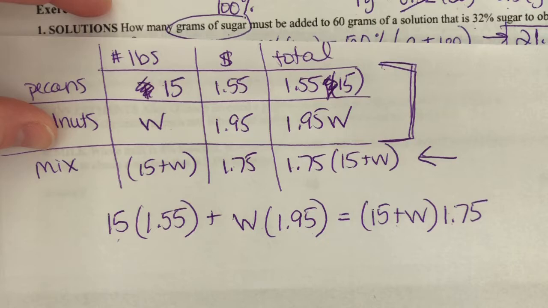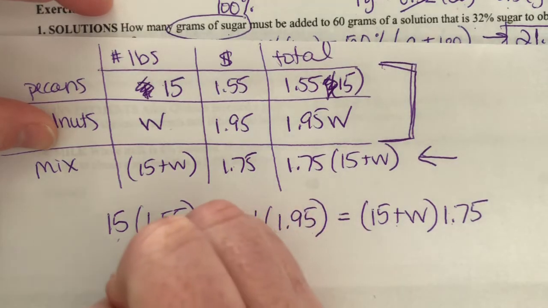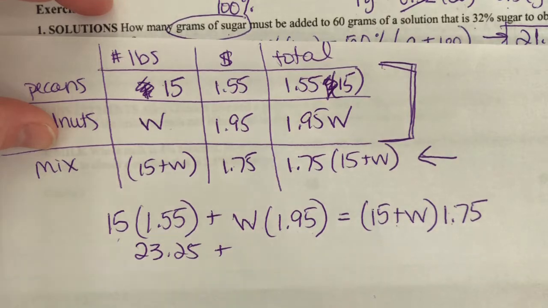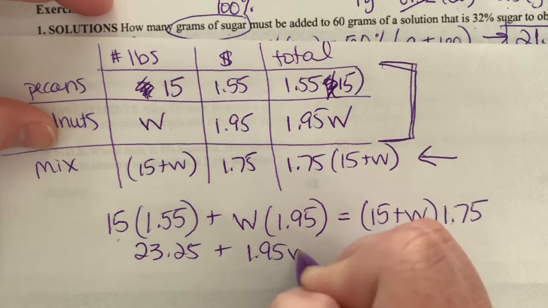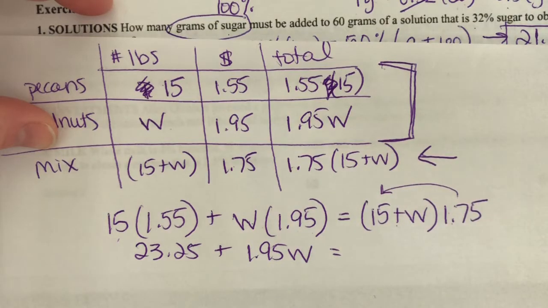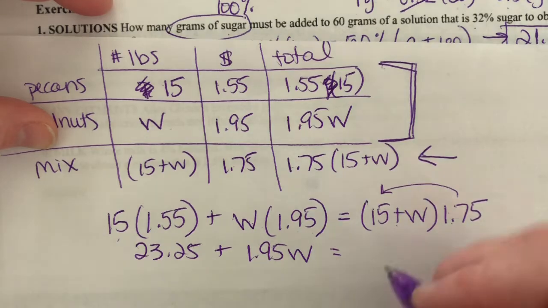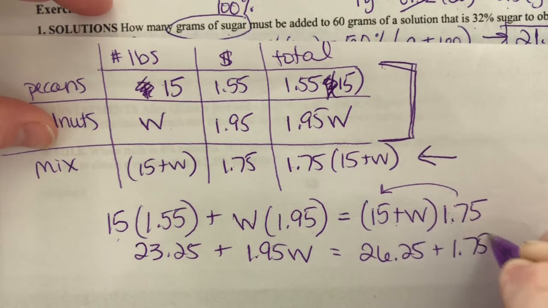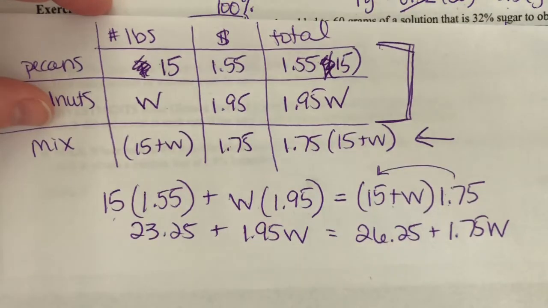15 times 1.55 equals 23.25 plus $1.95 W equals $1.75 times 15. 26.25 plus $1.75 times W. Okay, so far so good.